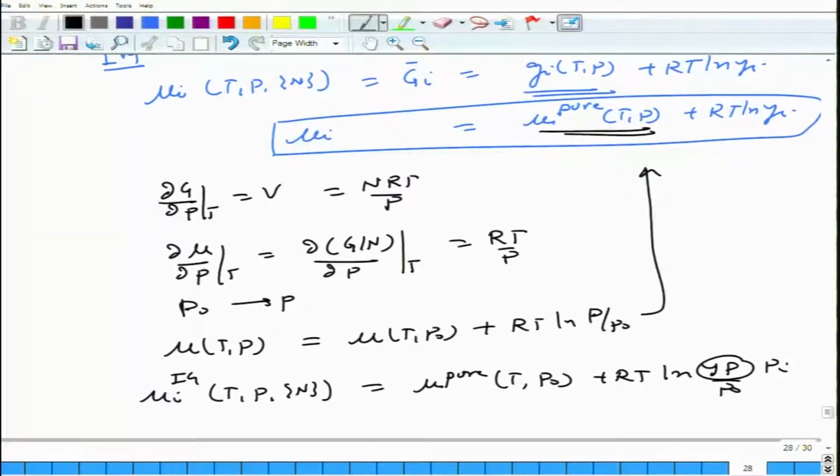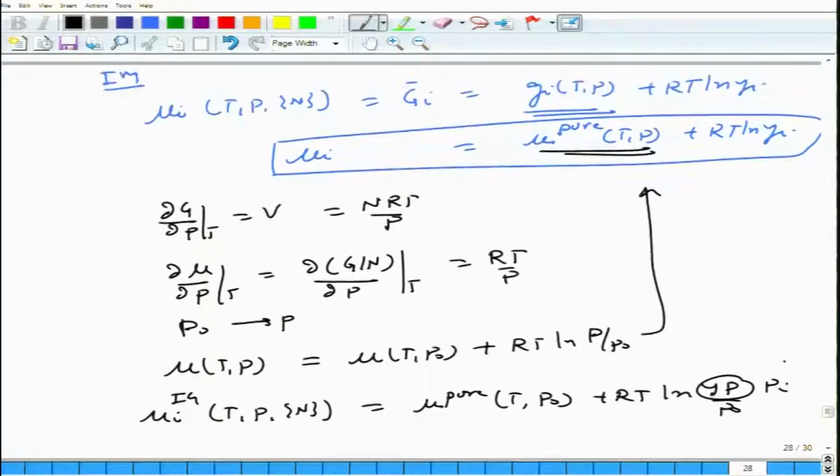Now, in general, this chemical potential with the way we have written it, mu i is equal to mu i pure plus RT ln y, does not hold for liquids.